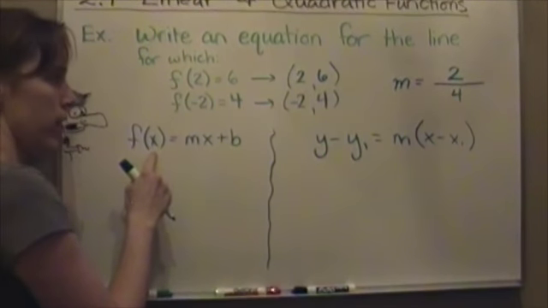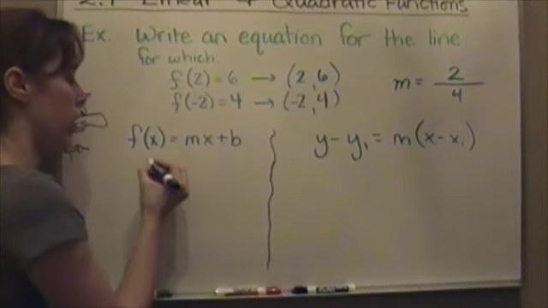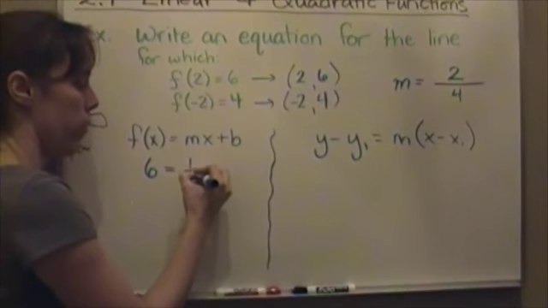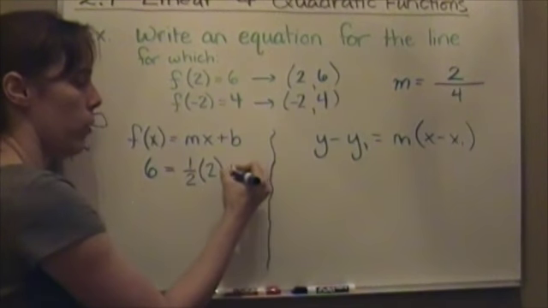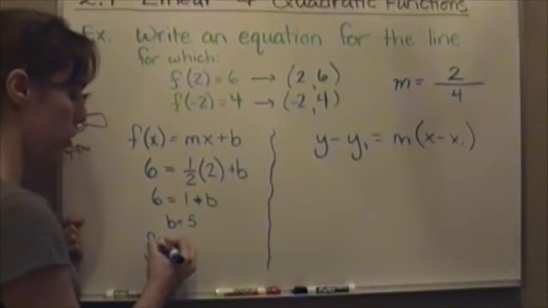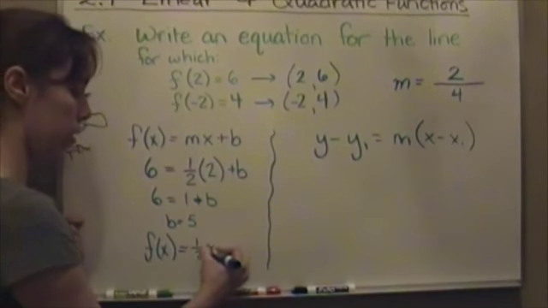F of x, we're going to pick this point because I like positive numbers. 6 is my y value. The slope is 1/2. X is 2. And we're solving for b. So your function must be 1/2 x plus 5.